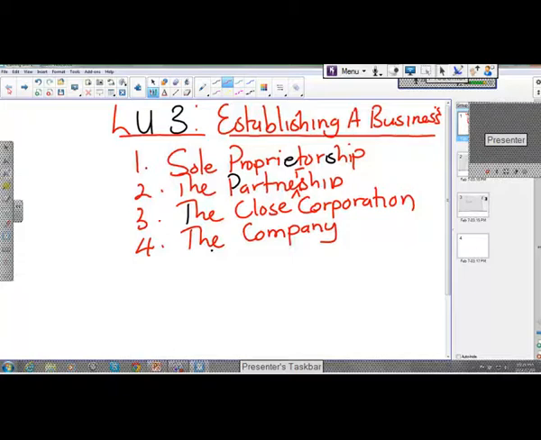Now, when you set up a sole proprietorship, or when you are a sole trader, there are certain rules or policies, guidelines that you need to follow. Number one, if you're a sole trader, you should know that your business is not separated from you as an individual.